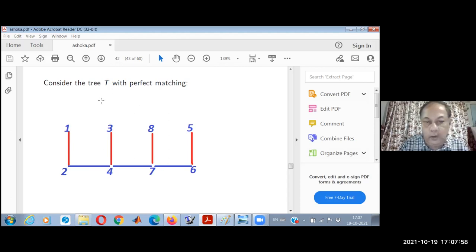Then the entry is non-zero. And once it is non-zero, is it plus 1 or minus 1? That can also be determined by just looking at the path. I'm not going into the full result, but this is an area where lots of results have come up recently that find a graph theoretic interpretation for the determinant, particularly the distance matrix of a tree, which I'm not talking about right now. It has such properties that the determinant has a graph theoretic interpretation and the inverse also has a graph theoretic interpretation.